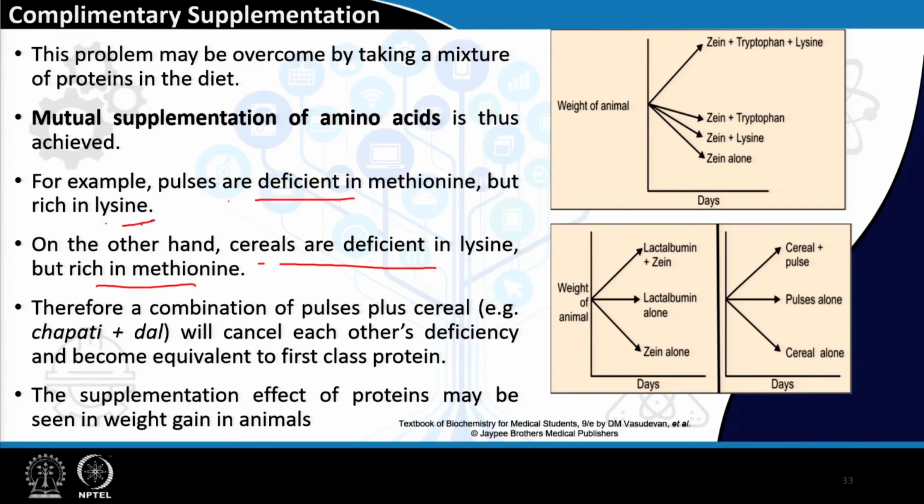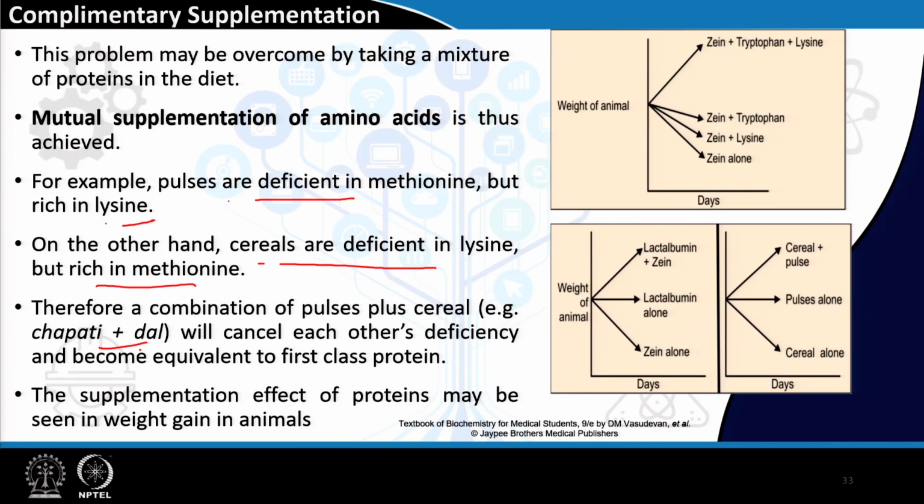So, we can combine them. In the common Indian diet, rice and dal, chapati and dal, when combined, behave equally to a top class protein. Proteins which promote good growth are known as first class protein, whereas limiting proteins are known as second class protein. They do not have all the essential amino acids.